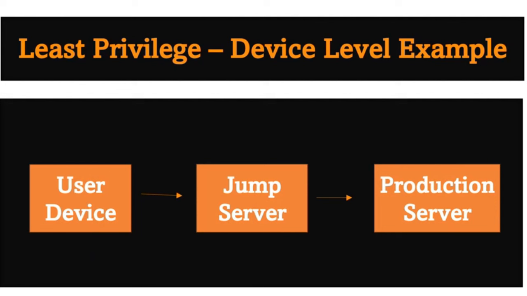So you can make sure that there is device whitelisting, like for example only pre-approved devices, and you can do that by specific IPs or device certificates. And only these pre-approved devices are permitted to connect to the jump server. And also you can say that the production servers are configured to accept connections exclusively from the jump server. So that is how you set up least privilege at device level.